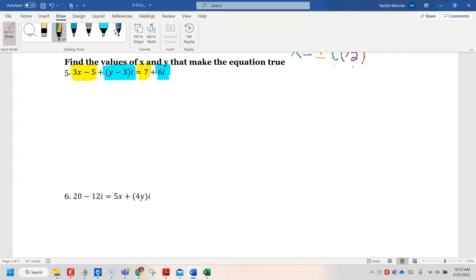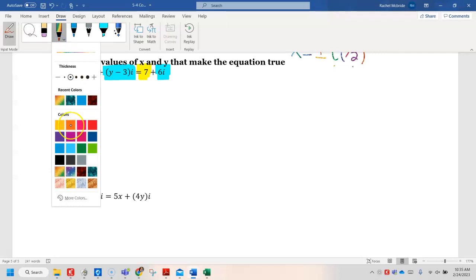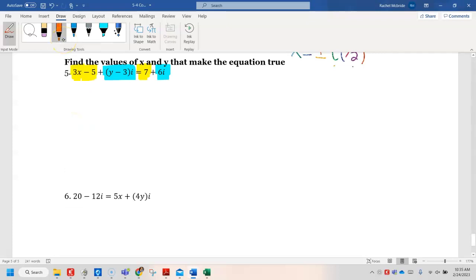What we're going to do is set the reals equal to the reals. So 3x minus 5 is going to be equal to 7. And then you're going to set the imaginary equal to the imaginary. That's going to allow me to solve for x and y.